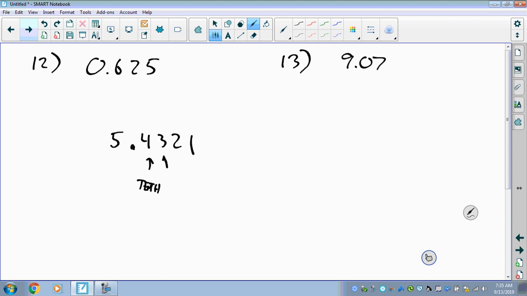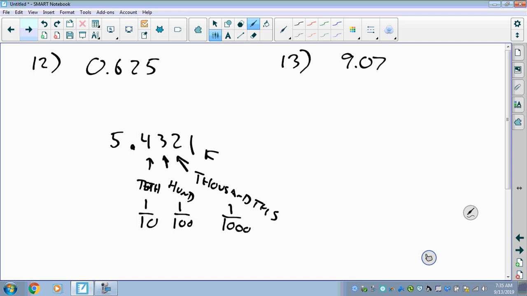Hundredths. Thousandths. And 10,000ths. So a tenth would be a tenth, a hundredth would be a hundredth, a thousandth would be a thousandth, and a 10,000th would be a 10,000th. So it should be 4 tenths, 3 hundredths, 2 thousandths, and this last one over here would be 1 10,000th. Good? Okay?